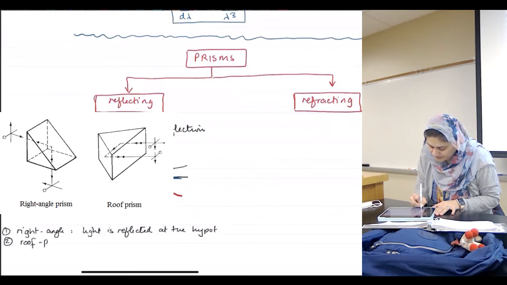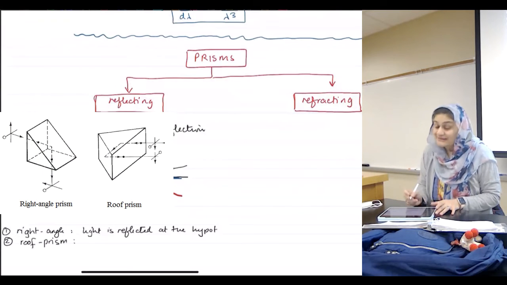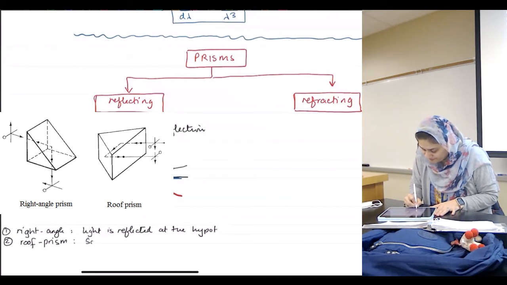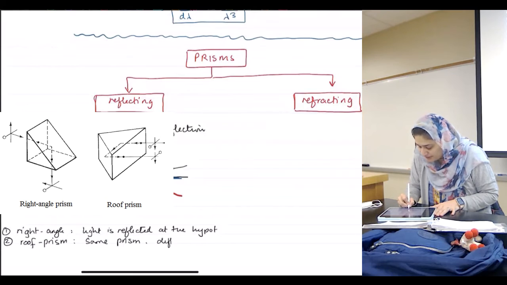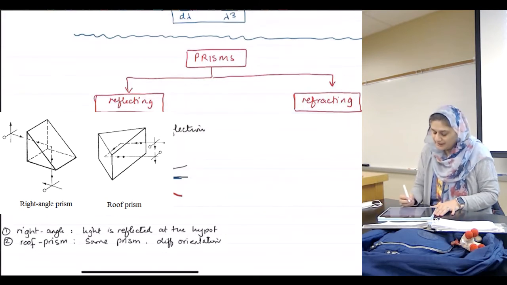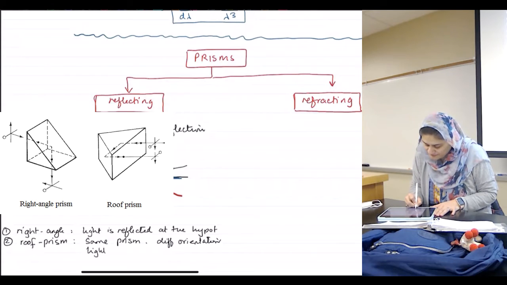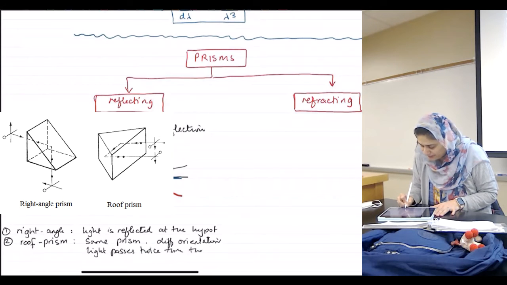That is exactly the same prism, but just a different orientation. And light passes twice through the hypotenuse.